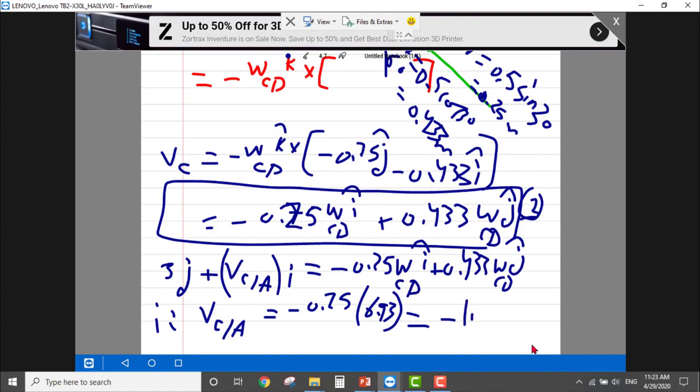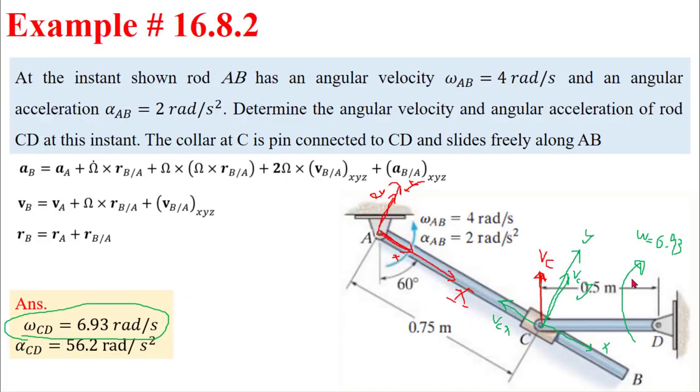So VC with respect to A is equal to minus 1.73 meter per second.